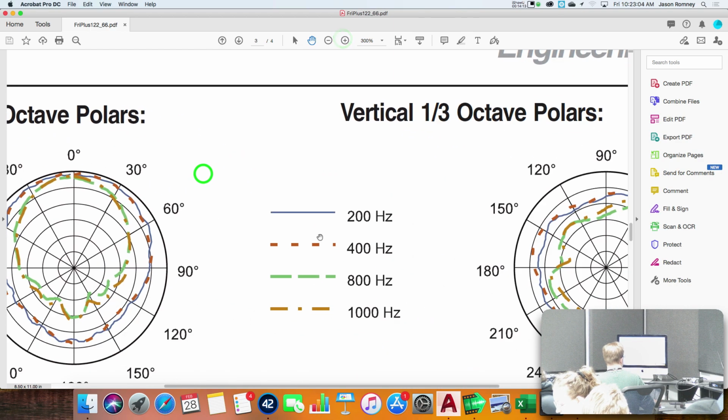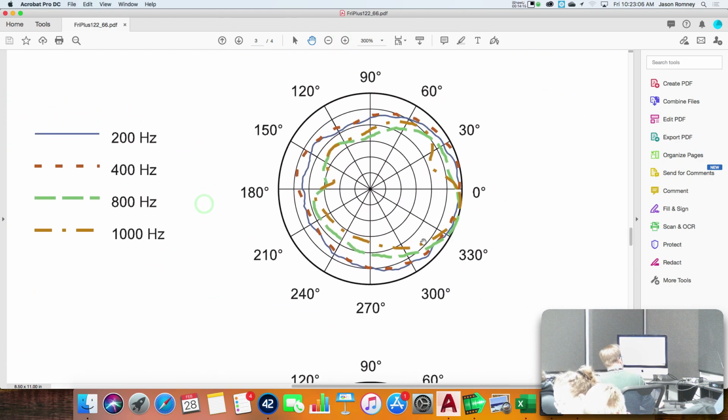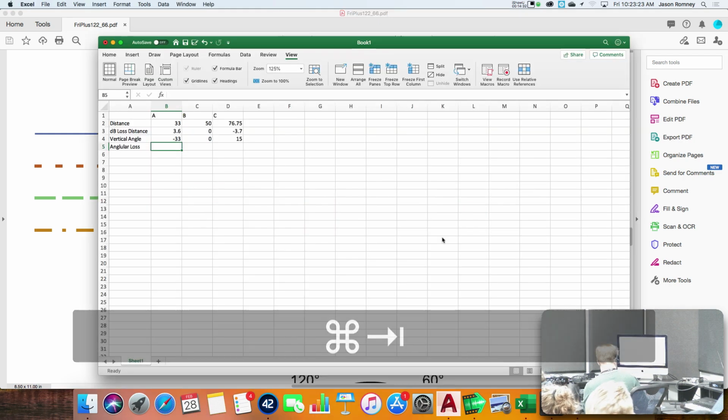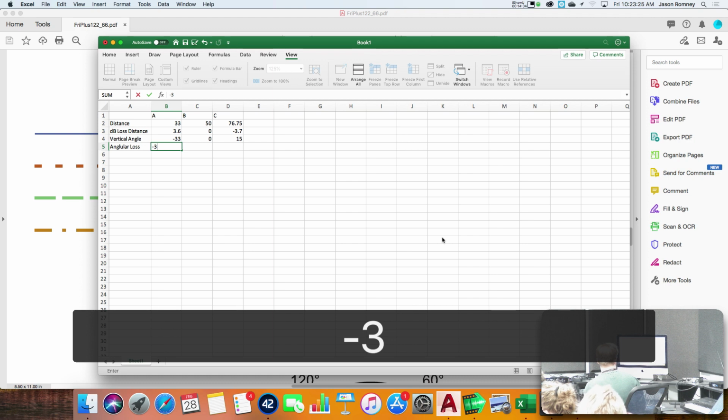So at 33 degrees, I am about halfway between the on-axis line and the 6 dB down, on this orange line. The orange line is the 1 kilohertz I'm looking at. I am about halfway, so I'm going to say that's minus 3 dB. So I'm just saying at 1K, I'm going to lose 3 dB going off-axis to the front row.